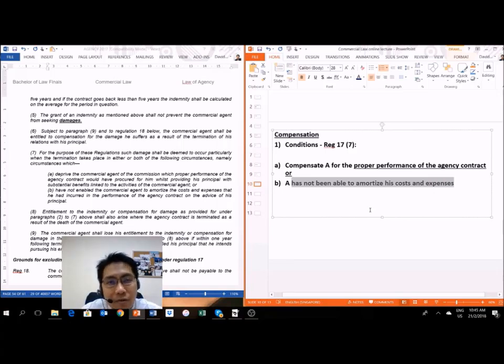Now, this is quite an interesting concept, because if you are a businessman, you realize that if I were to appoint you to be my agent, and I give you 5 years as my agent, you want to make sure that within the 5 years, you are able to at least capture back all the initial capital expenses that you have incurred, and over and above that, of course, get extra profits.